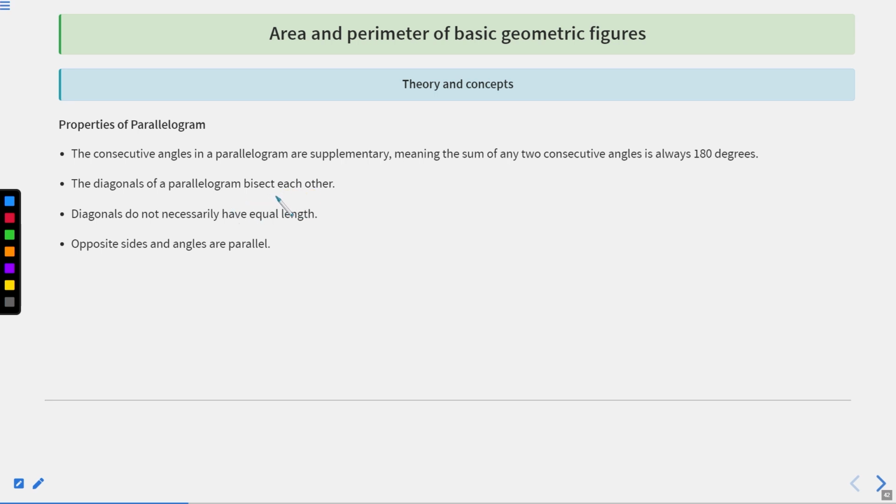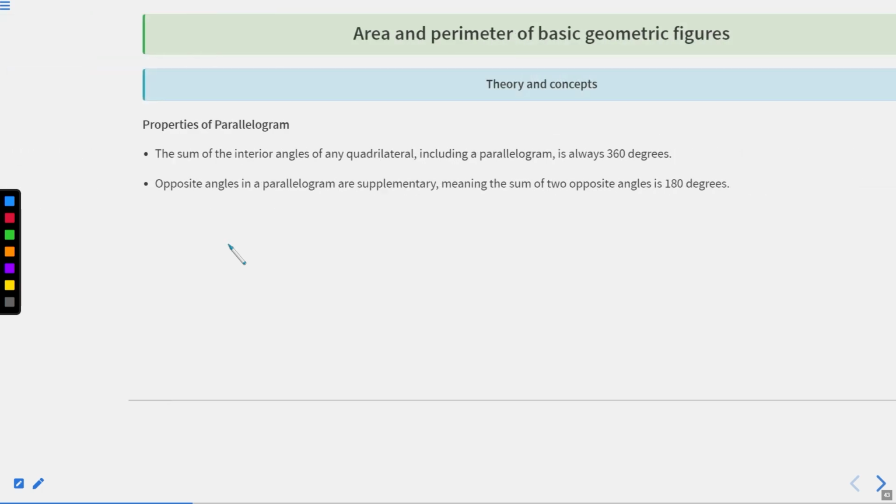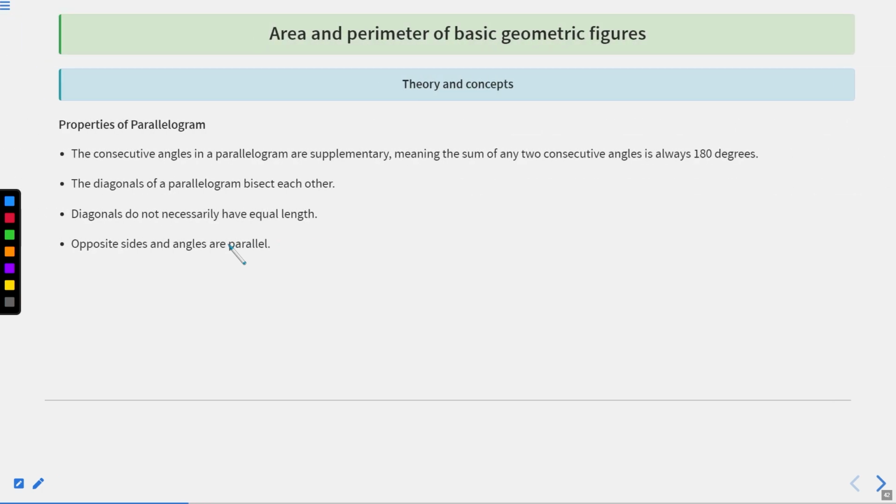I think I don't have to repeat the bisect meaning. Bisect means divides into two equal parts. Diagonals do not necessarily have equal length. Opposite sides are parallel. So what makes a parallelogram different from a rectangle, since all the properties are very much similar?